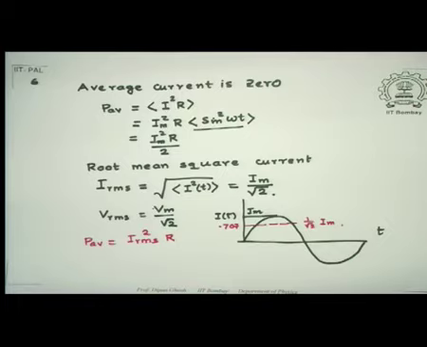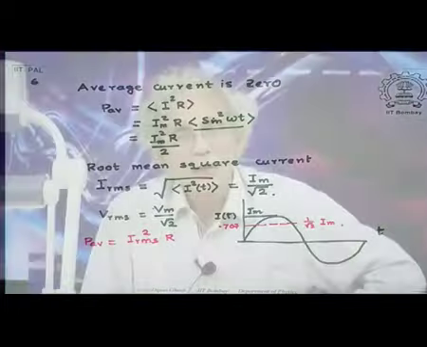Now, I would like to point out that when we talk about the voltage supplied to our homes, for instance in India, the supplied voltage is AC and it is supposed to be 240 volts, but it generally varies between 220 to 240.